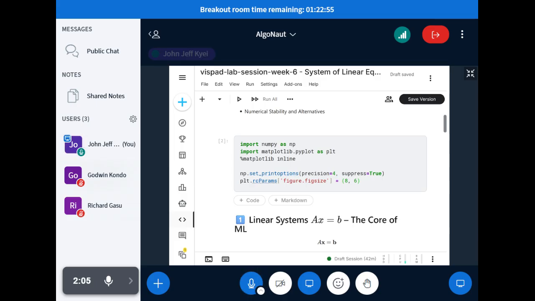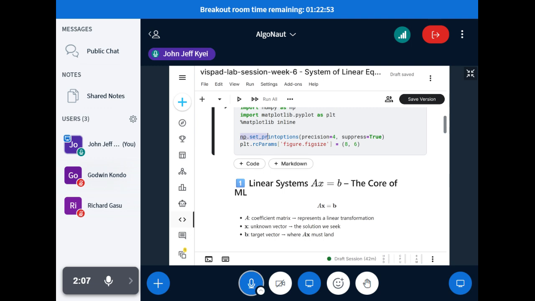And these here are just parameters to keep our values to 4 significant figures, and the plot size is so that the graphs are a bit larger and readable, since I'm sharing my screen. You can do without them, but it's just to configure what I'll be using here.